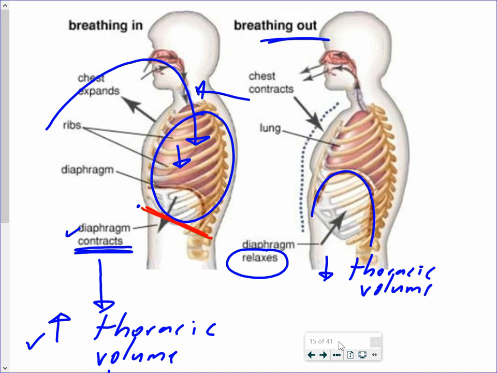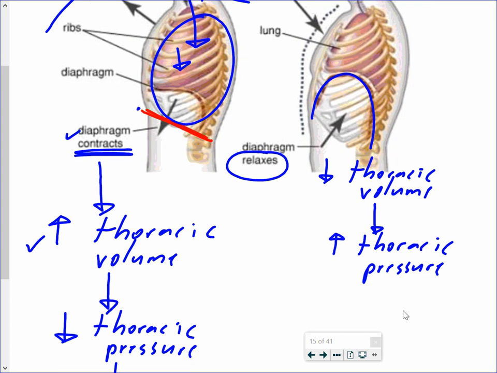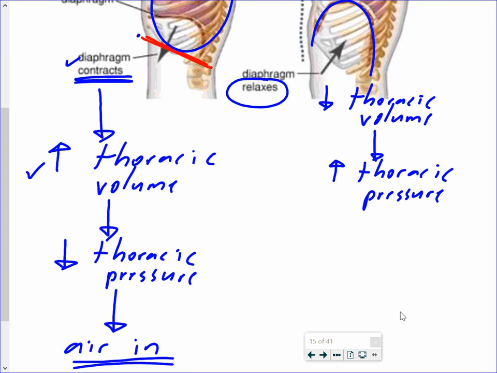It's now going to be compressing whatever gases there are inside of the lungs, so that's going to result in an increase in thoracic pressure. Now what you have is a higher pressure inside of the lungs than outside of the body, so the air is going to be forced out, and that is the process of exhalation.